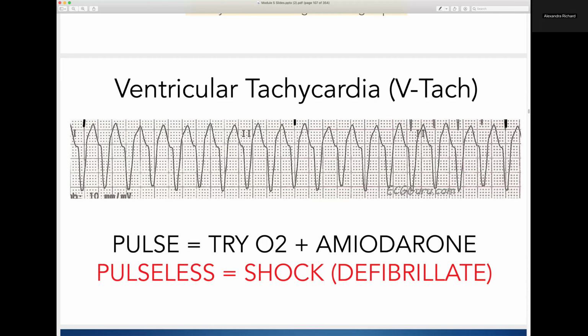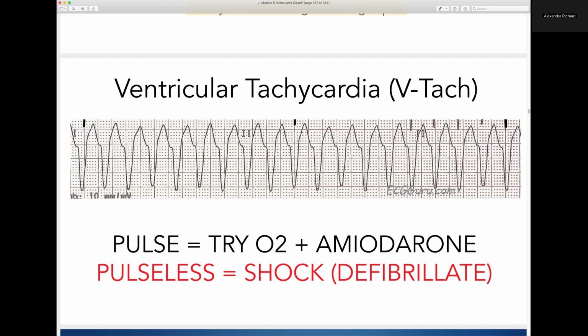If they do not have a pulse, what is the number one priority? Not CPR, defibrillation. Okay?